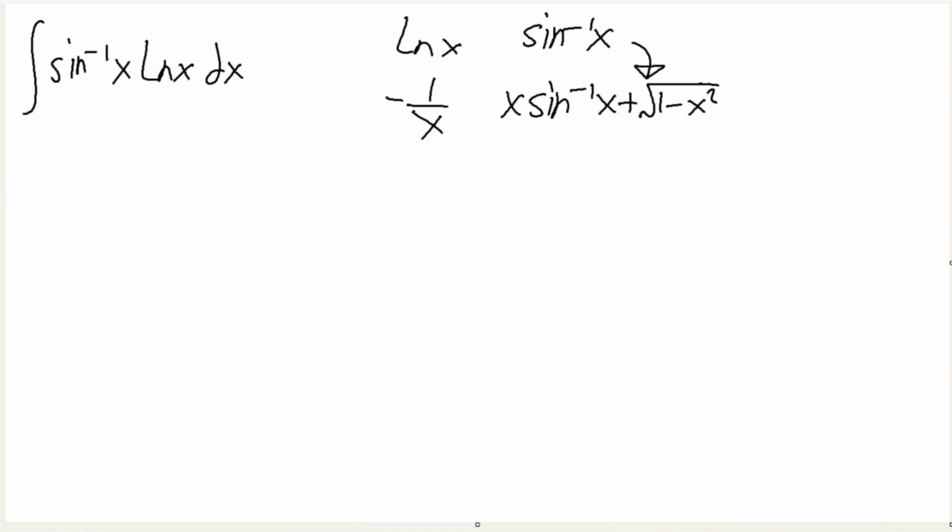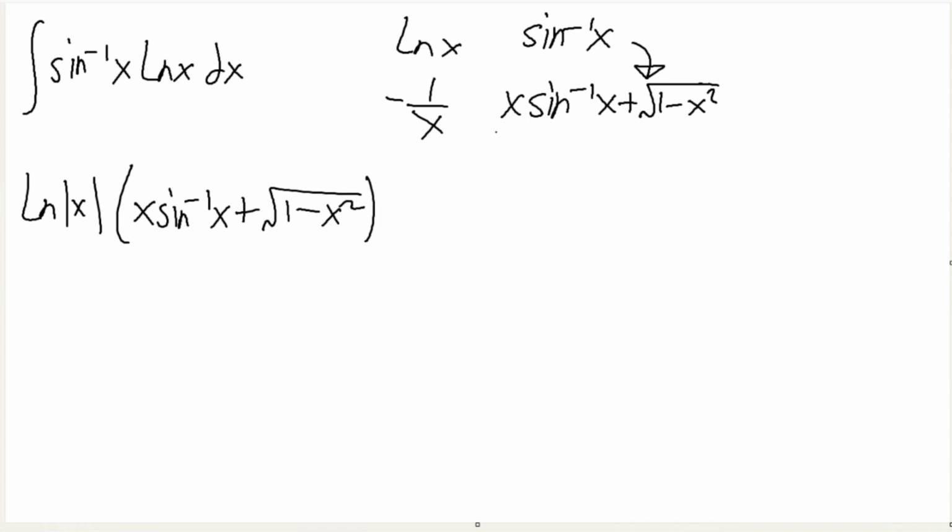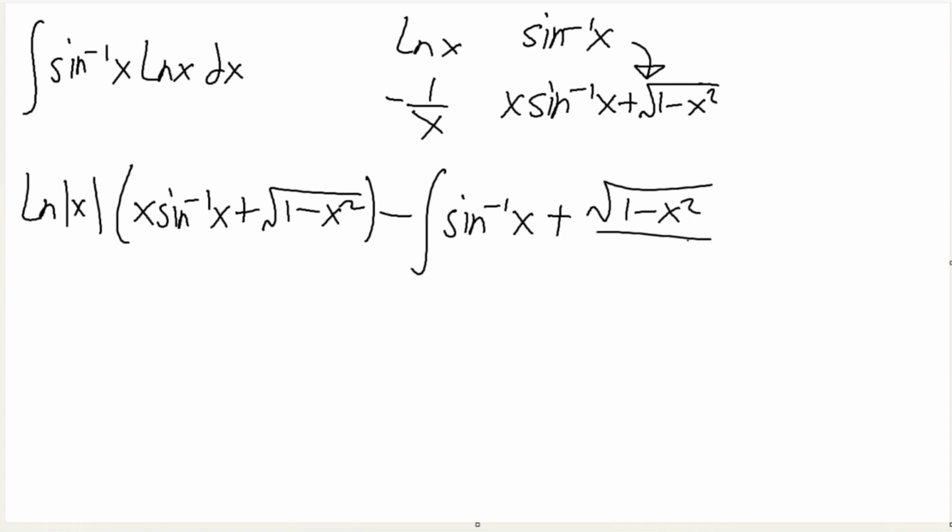So with that, first let me go ahead and write my solution. ln of x, this, and then here, well, minus. So minus integral. We get this, which is all what we have, and then 1 minus x squared over x.